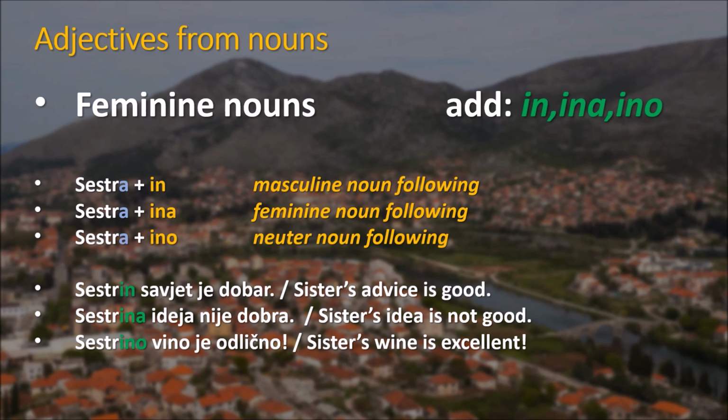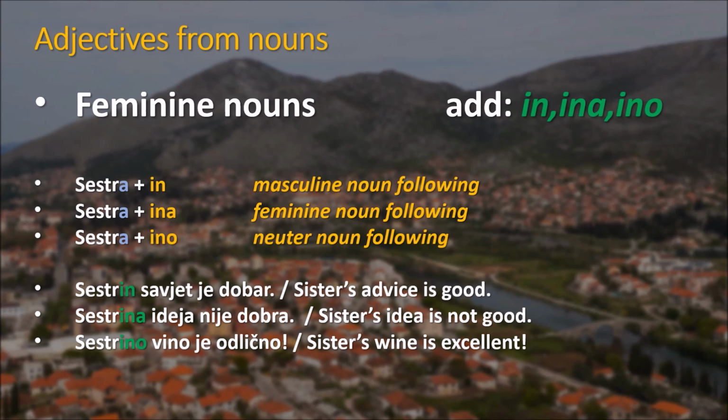So let's take a look at the noun sestra. Sestra is a sister in Bosnian language, and it ends on a. For our possessive adjective, we need to add either in, ina, or ino, depending on the noun following it. So if we were to say, sestrin savjet je dobar, sister's advice is good.